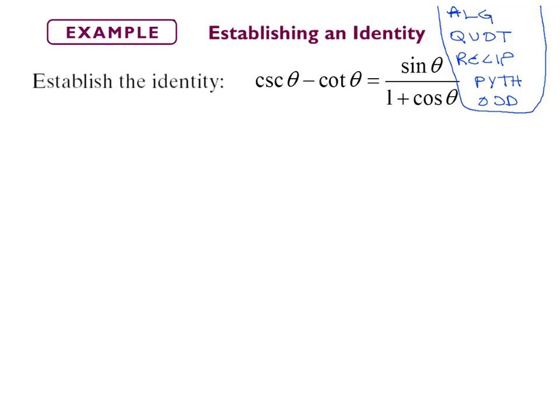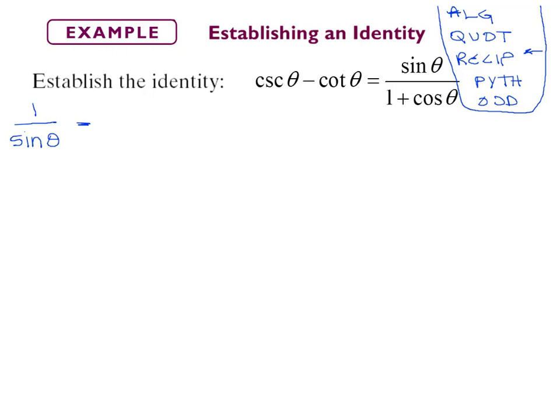So cosecant is what? Good. 1 over sine. Now, changing the cosecant to 1 over sine is the reciprocal rule, right? Reciprocals are 1 over something.